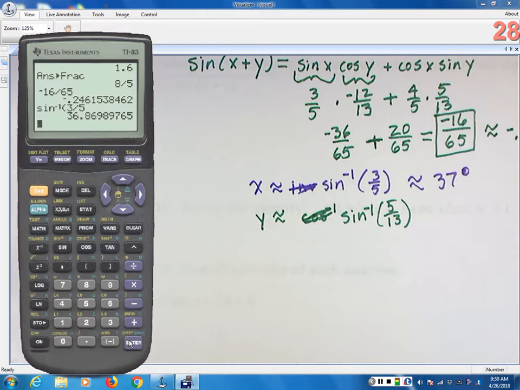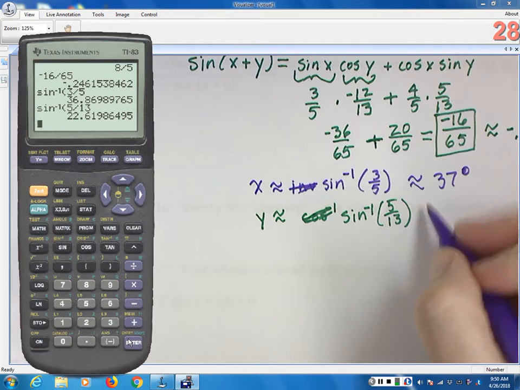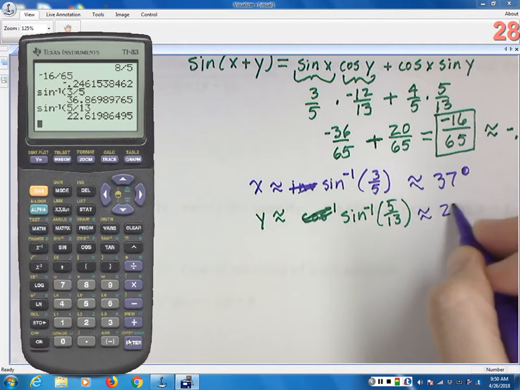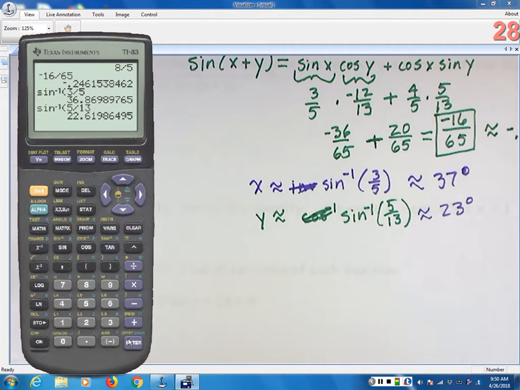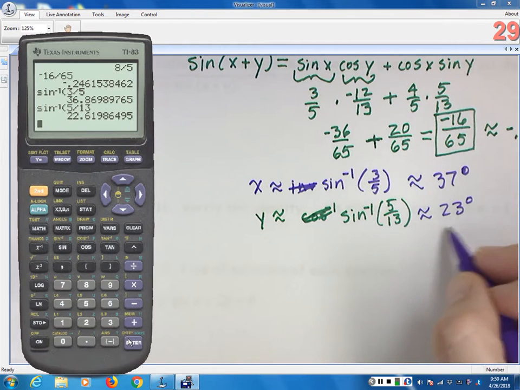Okay, what's sine inverse of 5 over 13? And make sure it's in the right quadrant. That's about 23. And we can keep all those exact numbers if we want, but 23 plus 37, that's about 60.